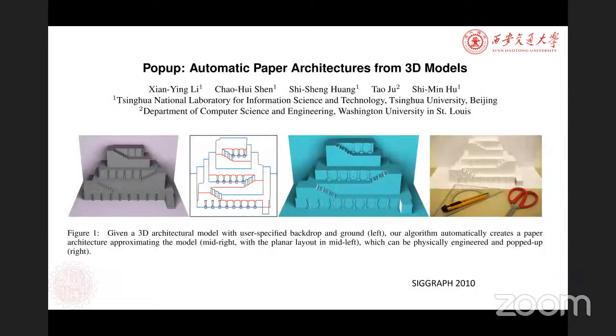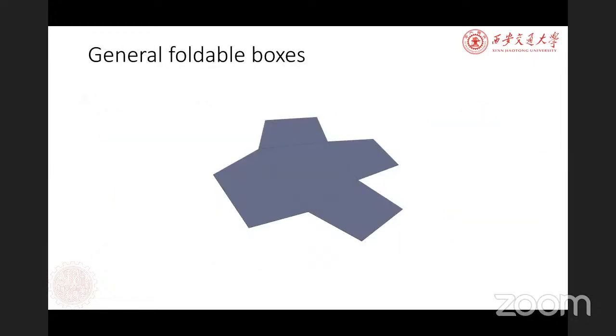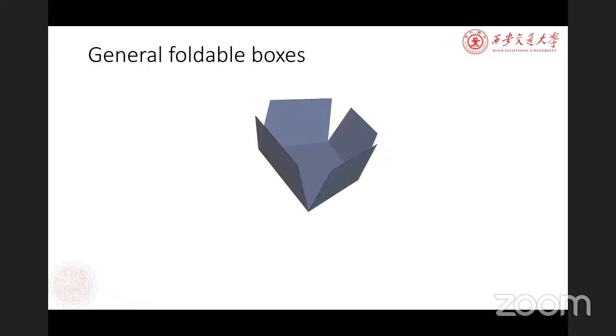For the research on pop-up structures, Professor Shi Minghu and his team had a SIGGRAPH 2010 publication. In our project, we focus on another type of Kirigami. These are two examples of foldable boxes, and here is its motion from an open state to a closed box state.